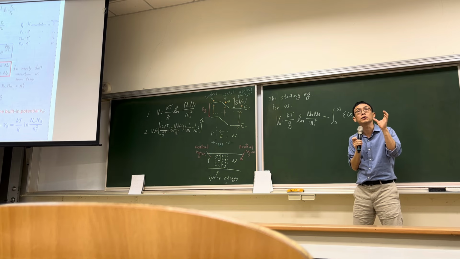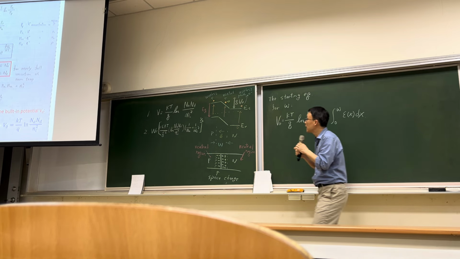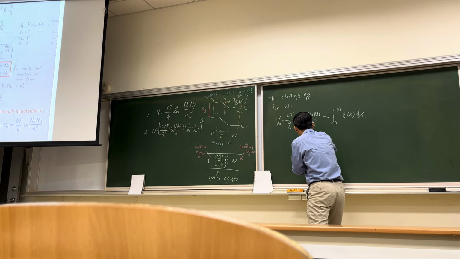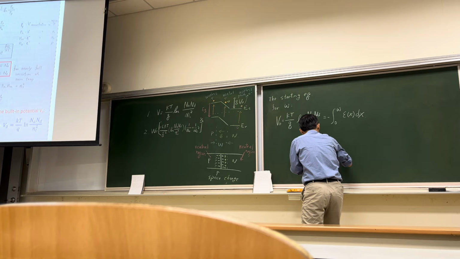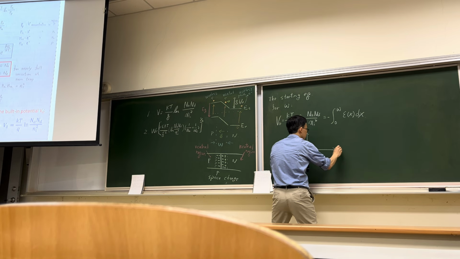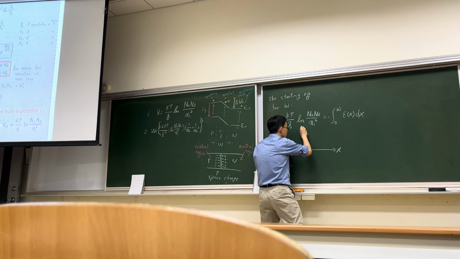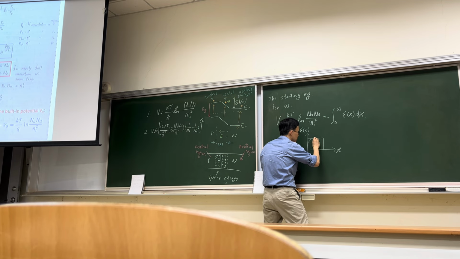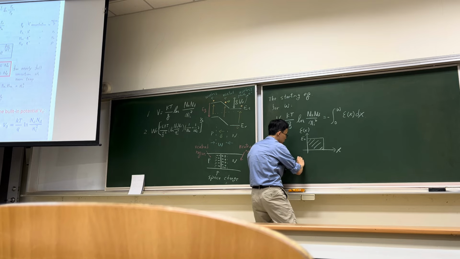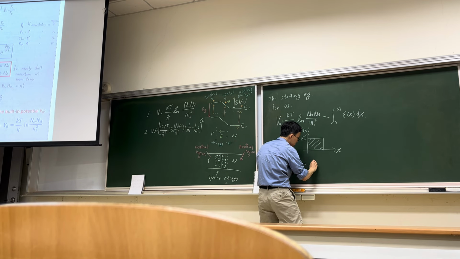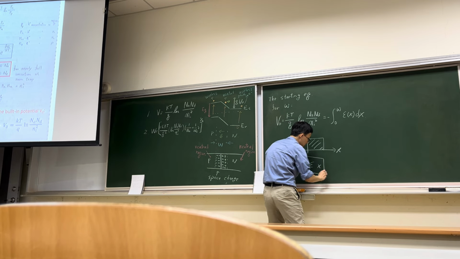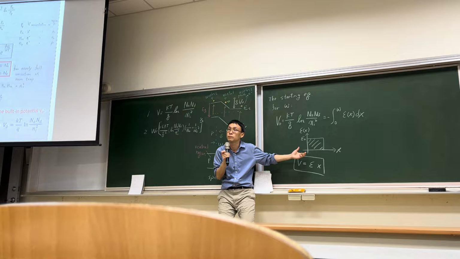The simplest scenario is if the electrical field inside this depletion region is a constant, then you know the potential equals the electrical field times the distance of its distribution, right?